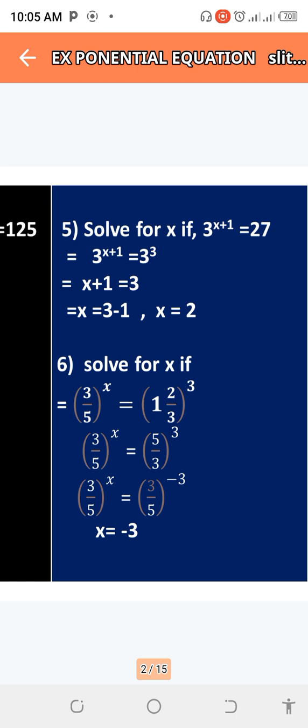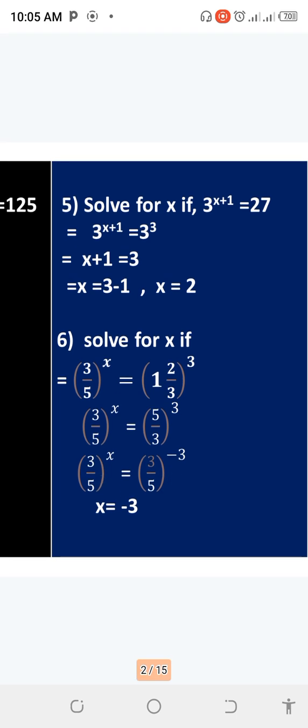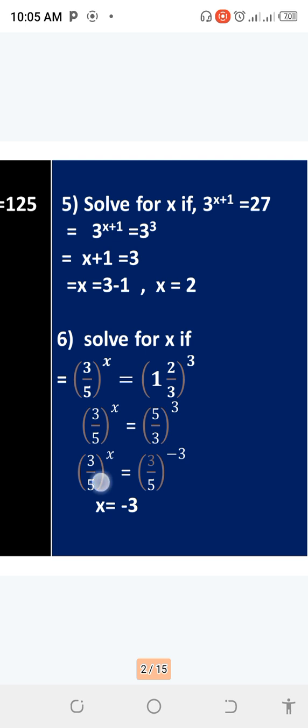So when we take the reciprocal by expressing the exponent into a negative number, we will have 3 over 5. Now here is 3 over 5 and here is 3 over 5. Both of these are the base. Then when the base cancels the base, what is remaining is x is equal to minus 3. And x equals minus 3 is the answer. Let's continue without wasting time.